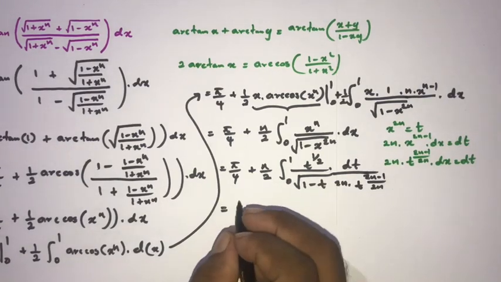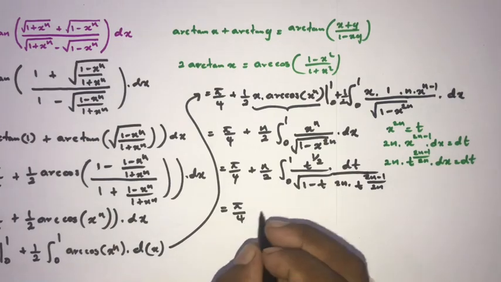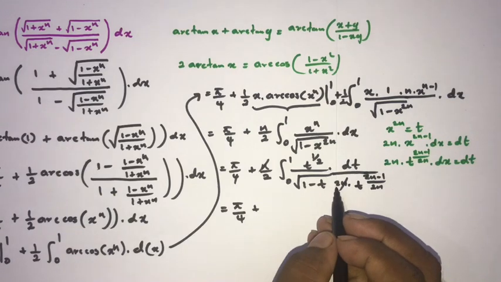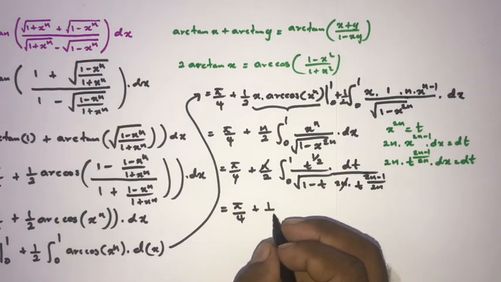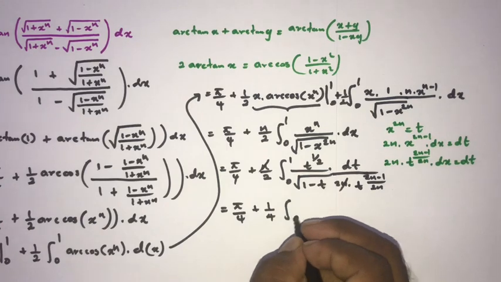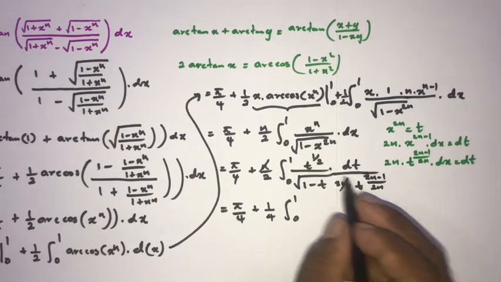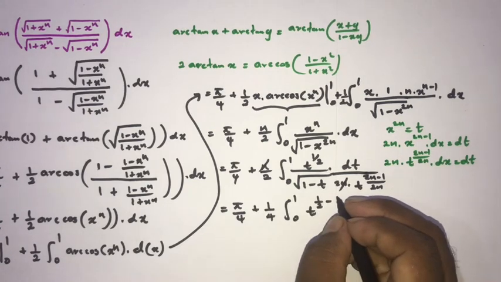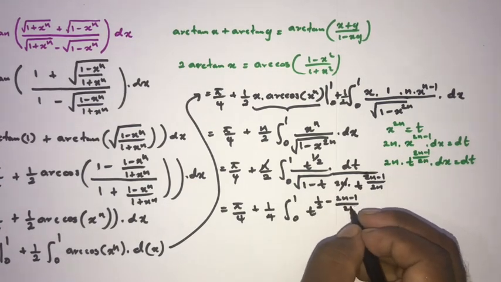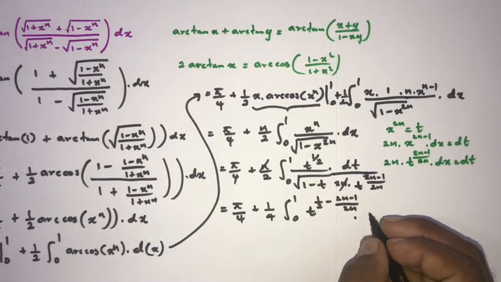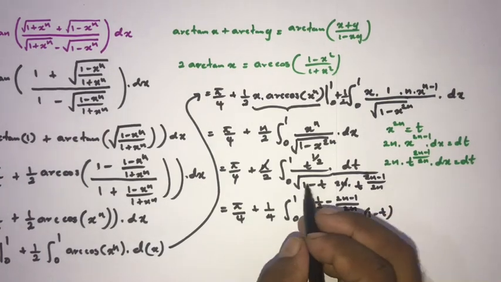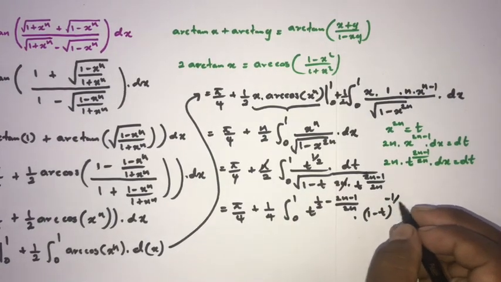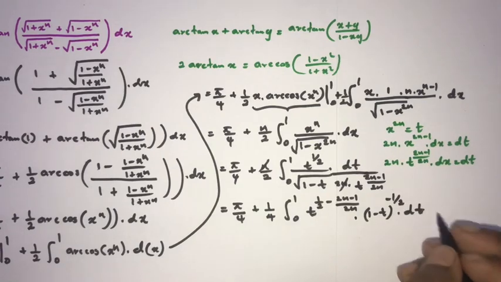we can write this is equal to pi over 4 plus, now we know this n gets cancelled, here 2, so 1 over 4 integral from 0 to 1. Now we can simplify, so t to the 1/2 minus (2n minus 1) over 2n power times 1 minus t to the, instead of the square root of 1 minus t, we can write in the numerator 1 minus t to the minus 1/2 power dt.